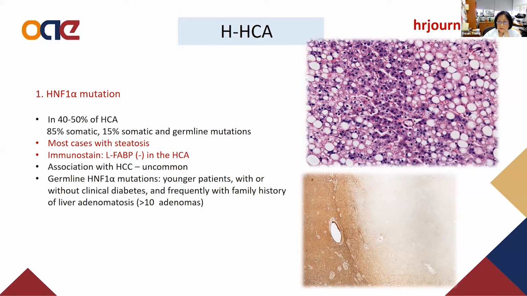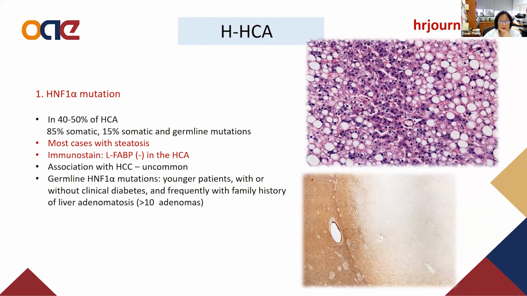There is very nice work that correlates the mutations in different adenomas with the morphology as well as the immunohistochemical staining results, pioneered by the French pathologists and molecular experts.